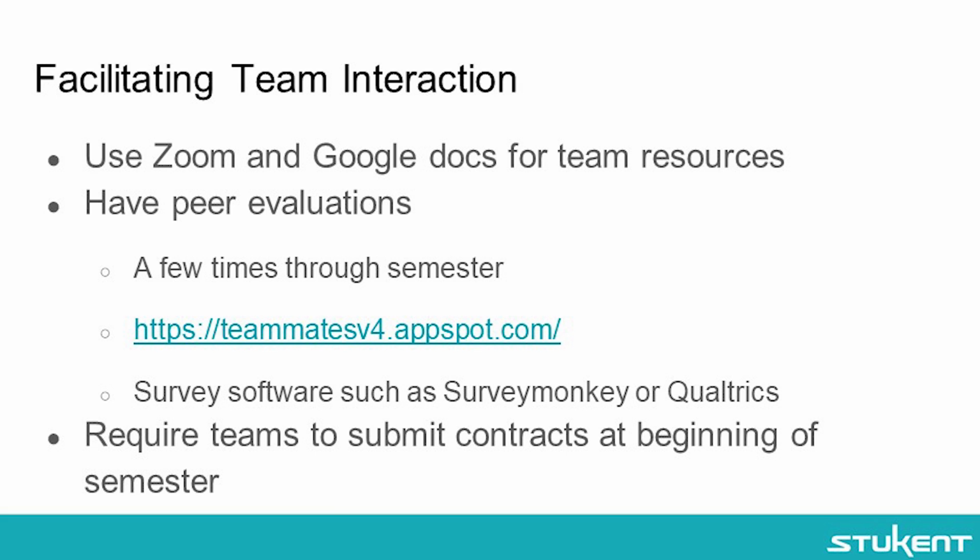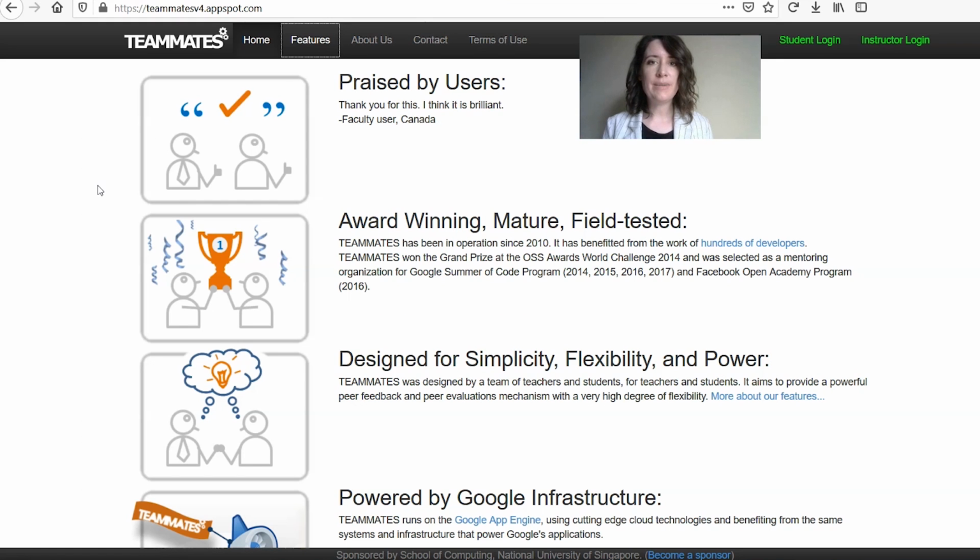That way the students have expectations to score each other on the peer evaluations. And then you can use any program like this. I would recommend doing it at least 3 times through the semester so that they don't get blindsided at the very end. But this is a way to really encourage and set some standards for that team interaction online.